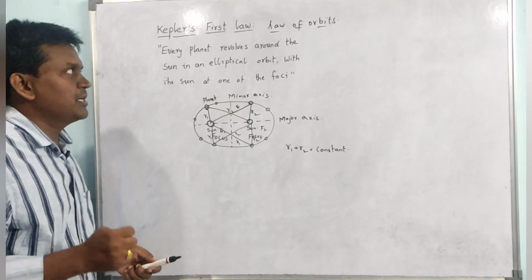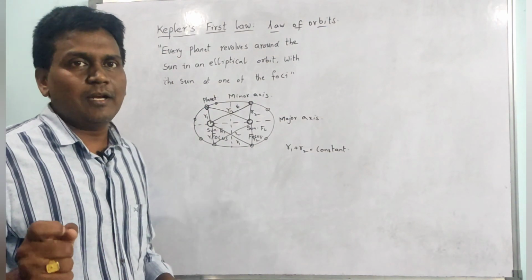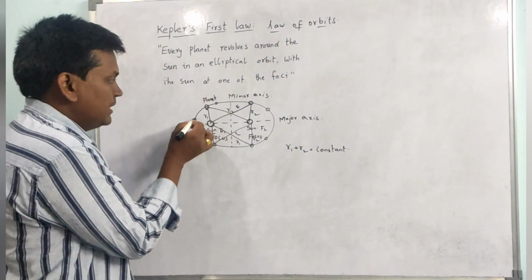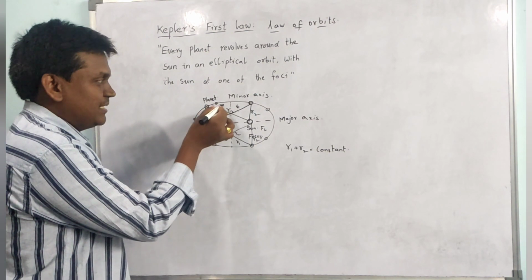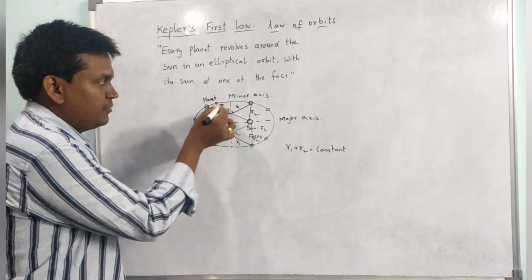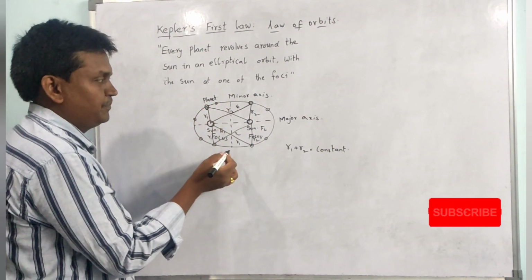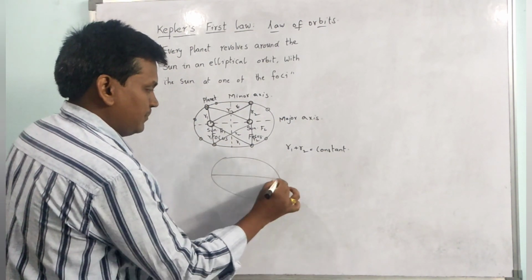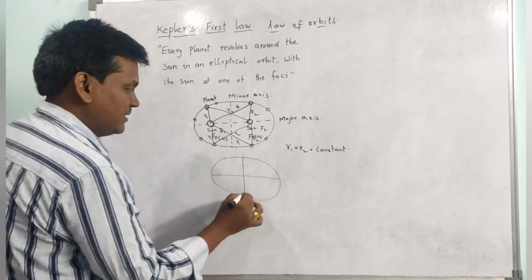Every planet revolves around the sun in an elliptical orbit. And here one more thing is the nearest point of the path of the planet. If I draw again, this is the major axis and this is the minor axis.